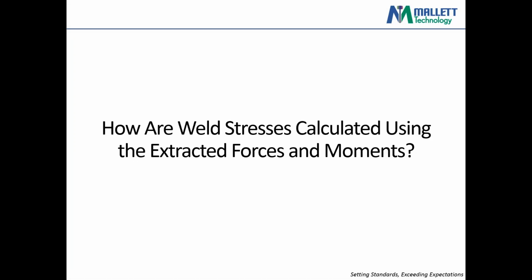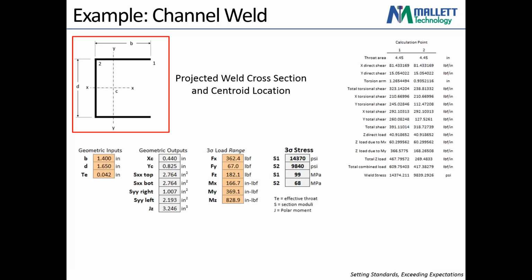Okay, so then if we have these weld stresses, or weld forces and moments, how do we go ahead and calculate these stresses? Right, so this is just a screenshot of our in-house weld stress spreadsheet that we use.